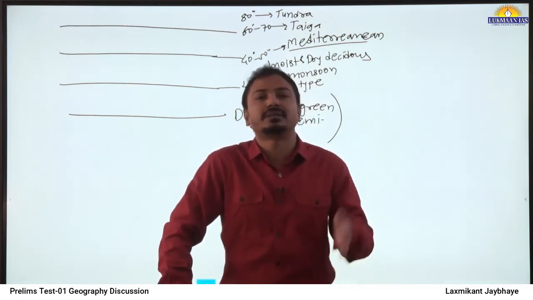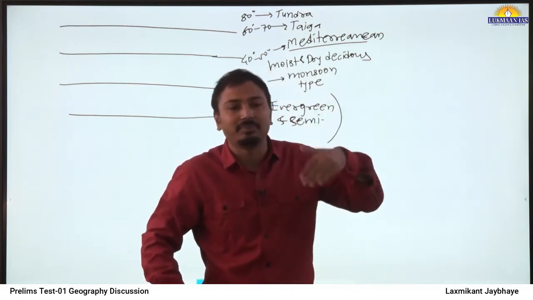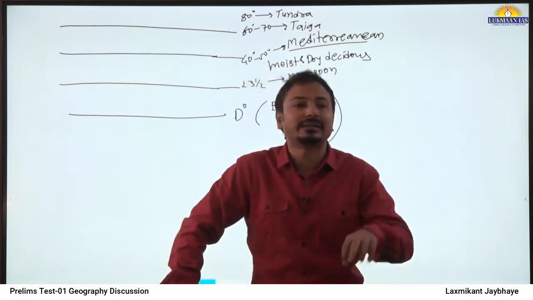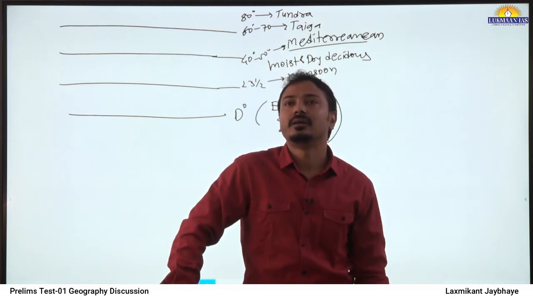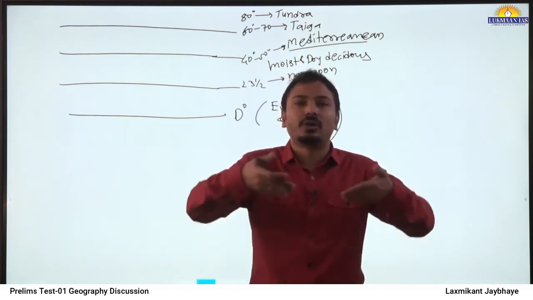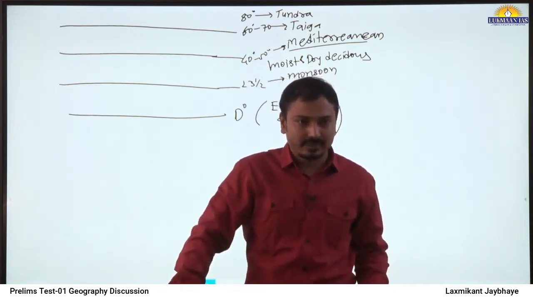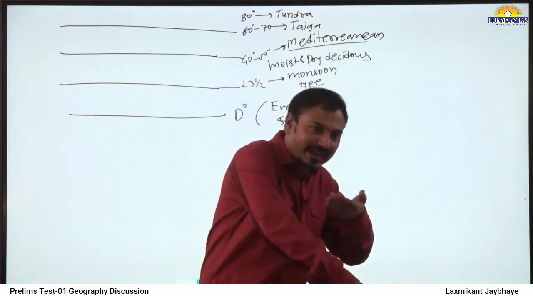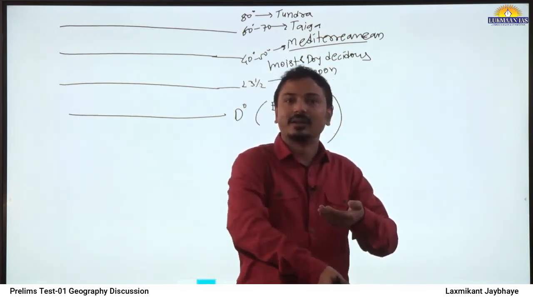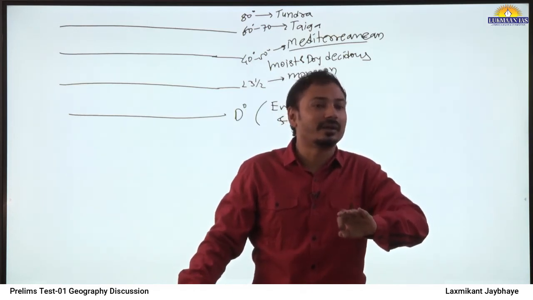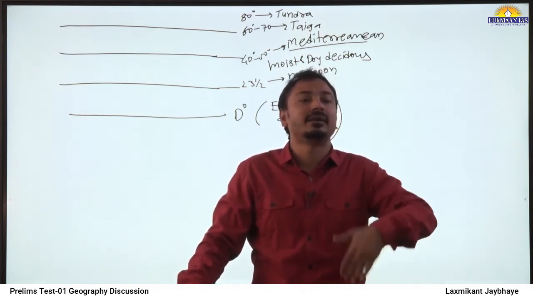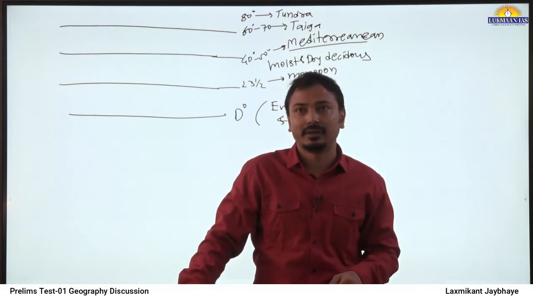Deep focus means the focus of the earthquake can be as deep as 700 kilometers from the surface of the earth. They are found at convergent plate boundaries, because one plate is moving inside the other. So the focus of the earthquake can be as deep as 700, 800 kilometers.